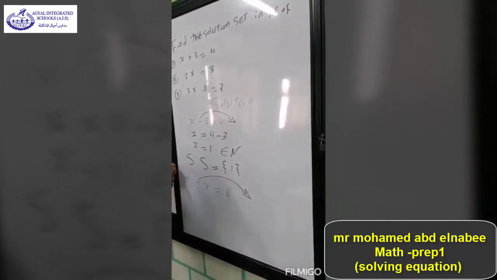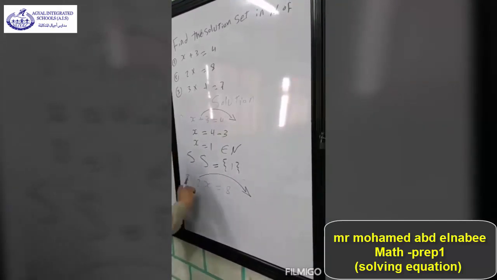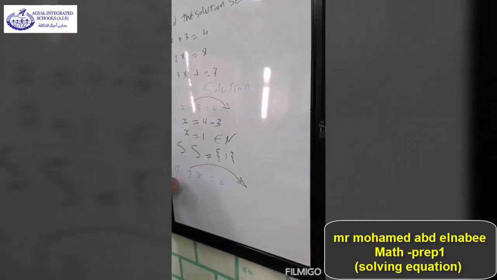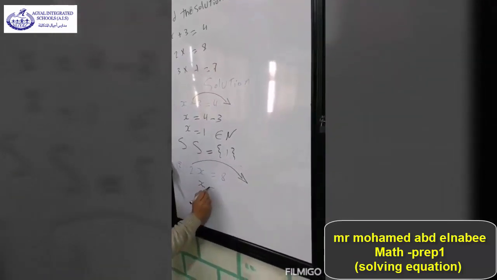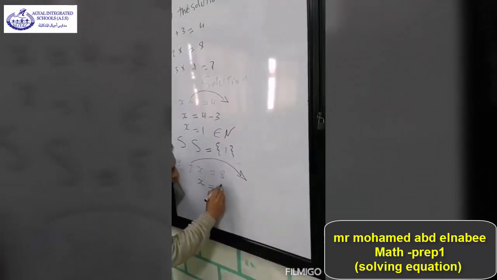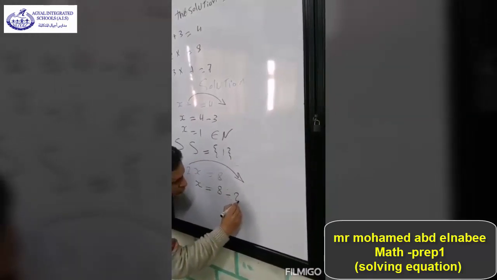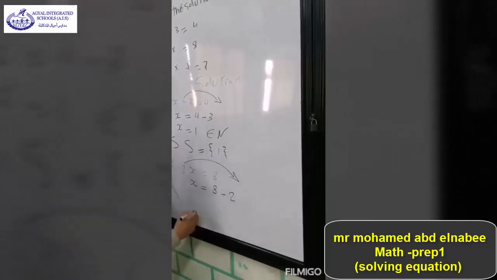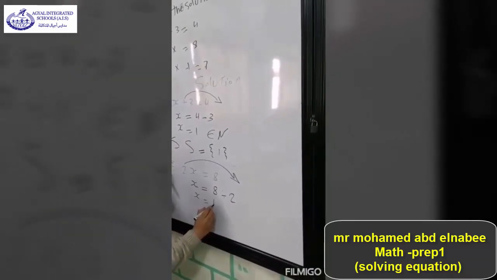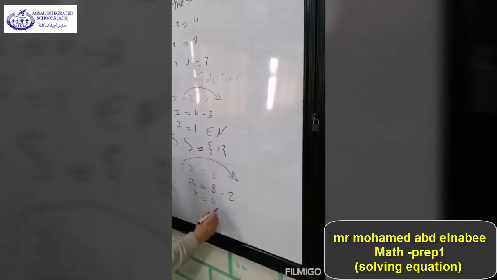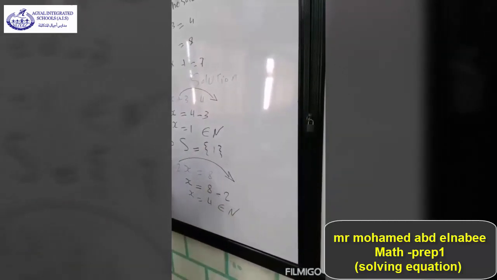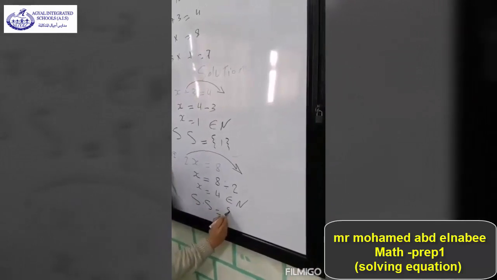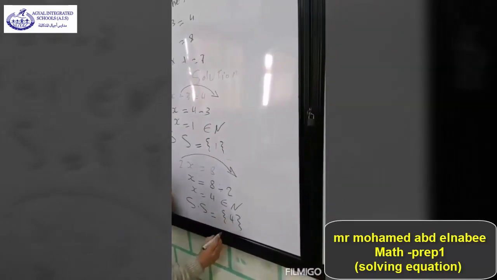Don't make this mistake: we change the operation, not the sign. So, x equal in this case 8 divided by 2. 8 divided by 2 equals what? Yes, it equals 4. Does 4 belong to N? Yes, it's an element in N. So, the solution set is set 4.